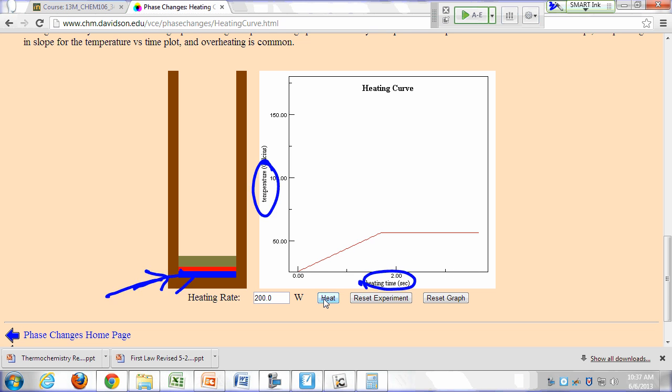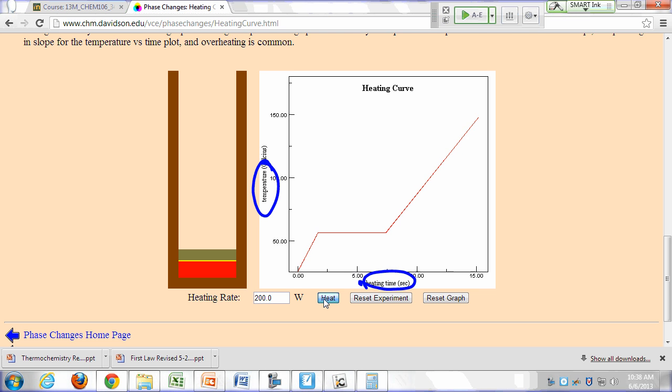Okay? Eventually, once everything's melted, so here, once all of that blue disappears, so all of your solid has turned to a liquid, then heating will now lead to an increase in the temperature. But then if you continue heating, eventually what happens? It will start boiling.